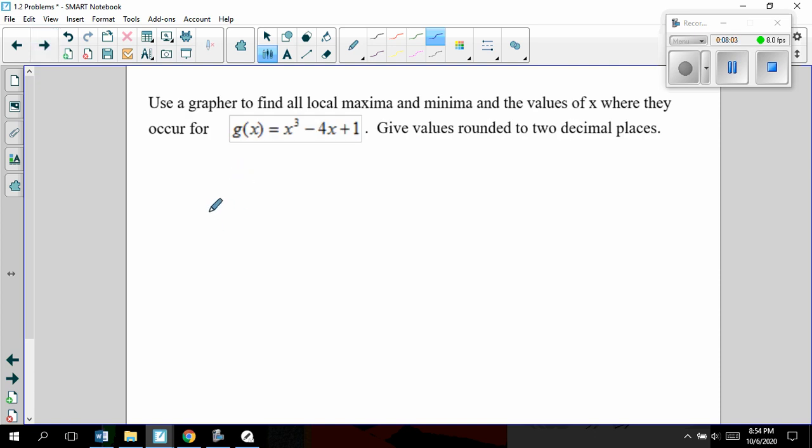Then we want to do a little bit with our grapher. So hopefully you got that in your grapher. It's a sketch similar to that. And it asks you to find local max and mins. Reading directions, it says find all local max and minima and the values of x where they occur.